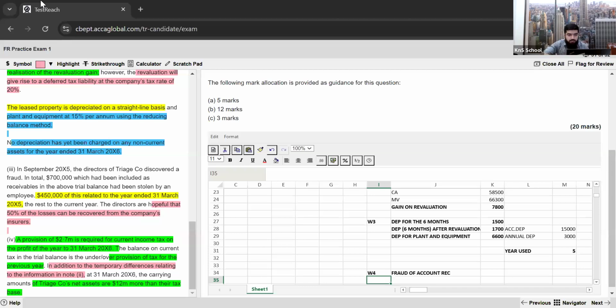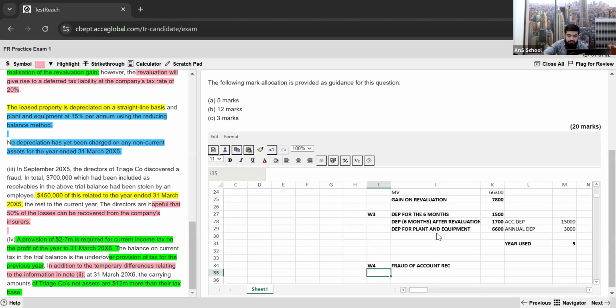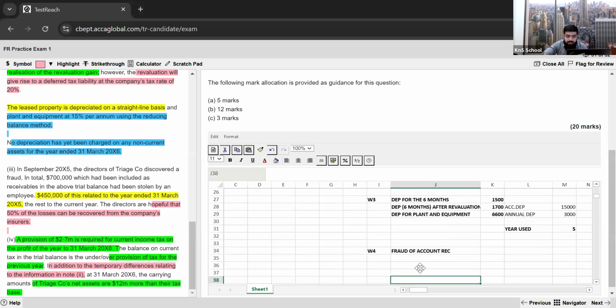So always remember, the last year or previous year profits or losses will be adjusted in the retained earning, which means that first of all we are going to reduce the amount of retained earning. We will deduct 4,50,000 from the retained earning, or we can call it 450, right?